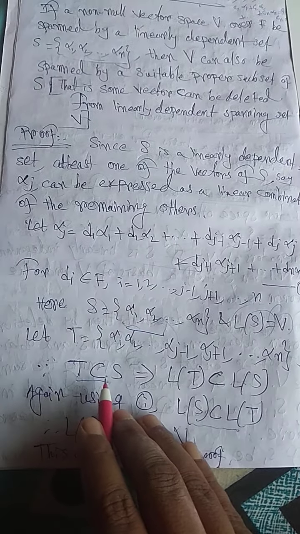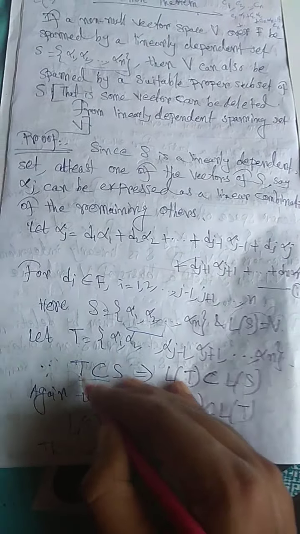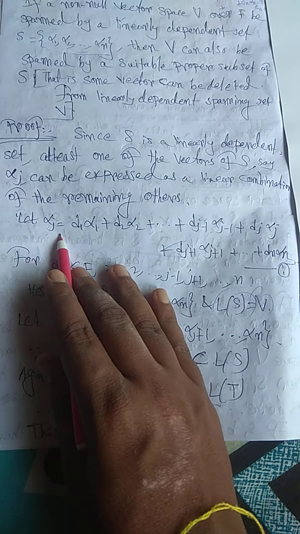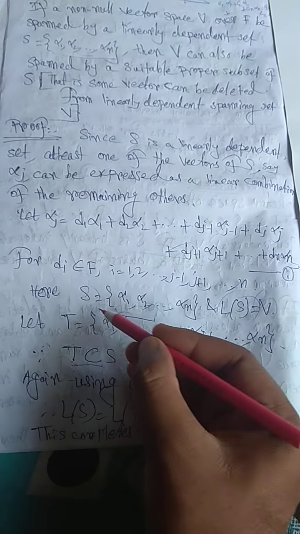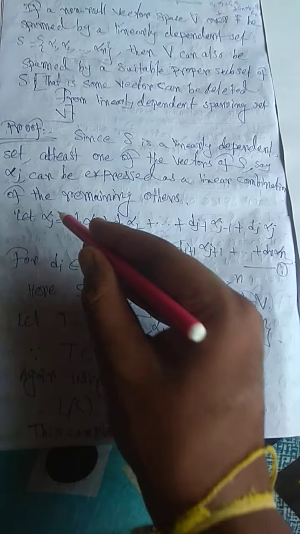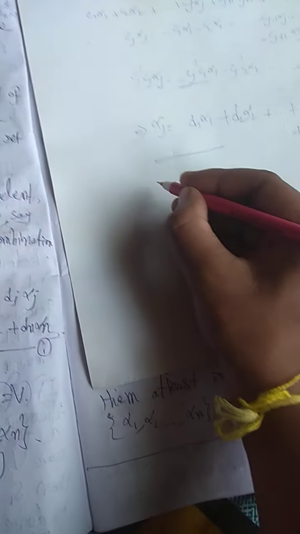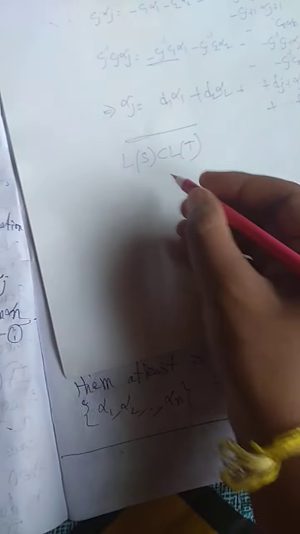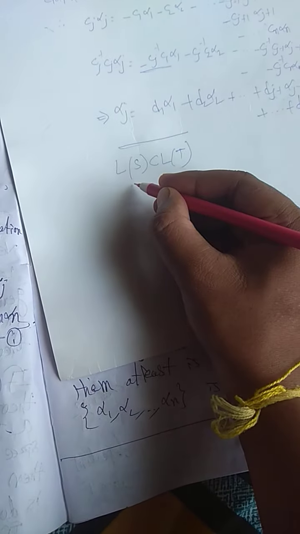This part is very simple. Since T is a subset of S, LT is a subset of LS. As simple as that. And for the reverse part, use this in the equation. Since alpha j is a member of S and it can be expressed as a combination of members of T, L of S is a subset of L of T. When we say L of S is a subset of L of T, you can say this in two cases.